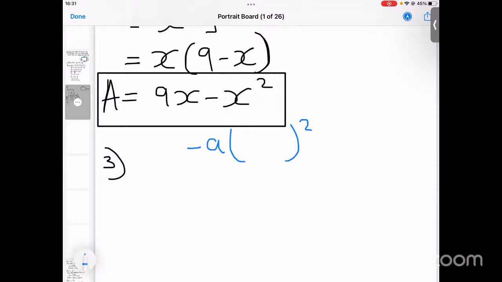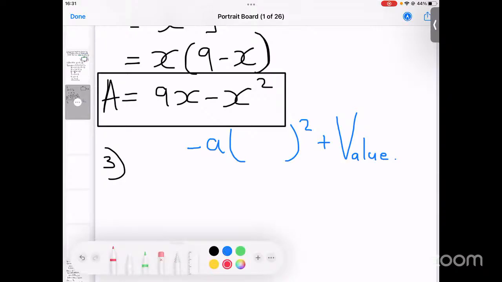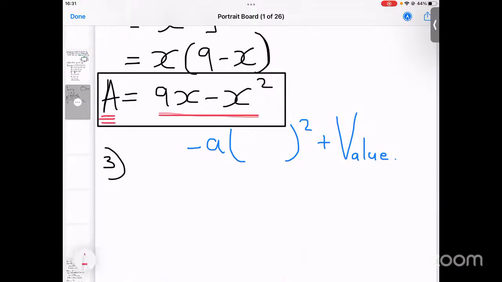And then from there, we will have, let's say, plus v. Let me not use q and use v, because that v is the value that we are looking for. Because it is the area involved, we are going to use that formula for the area, so that we will manipulate it such that it will give us a maximum value.